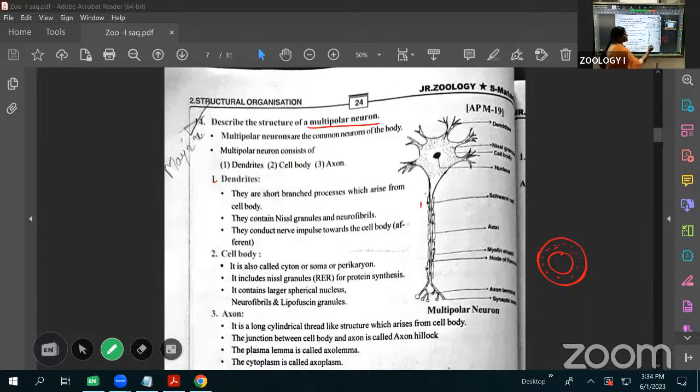In the center, the myelinated neurons are present. White matter always has myelinated neurons. Gray matter has non-myelinated neurons.